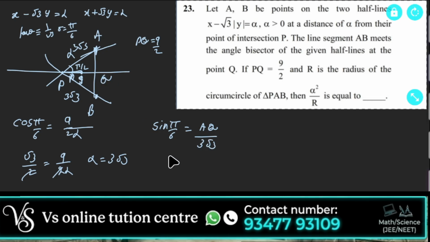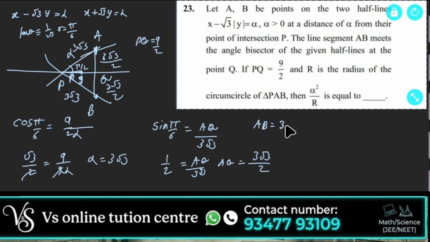Sin pi by 6, which is 1 by 2, is equal to AQ by 3 root 3. So AQ is equal to 3 root 3 by 2. In the same ratio, it is also 3 root 3 by 2. So AB is equal to 3 root 3. So it is an equilateral triangle.